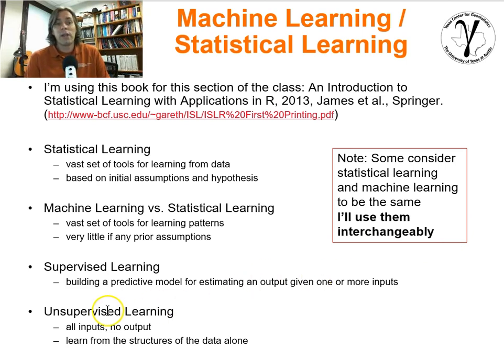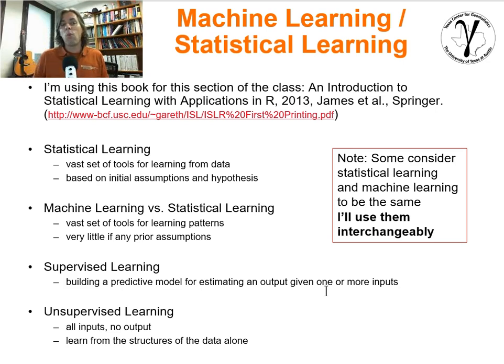There are two types of ways that we can use machine learning or statistical learning approaches. We could work in a supervised manner or unsupervised manner. If we're working in a supervised learning manner, then we're trying to build a predictive model for estimating an output given one or more possible inputs. Unsupervised, it's like everything's an input. We have a bunch of different features we're working with, variables, but we don't have an output.